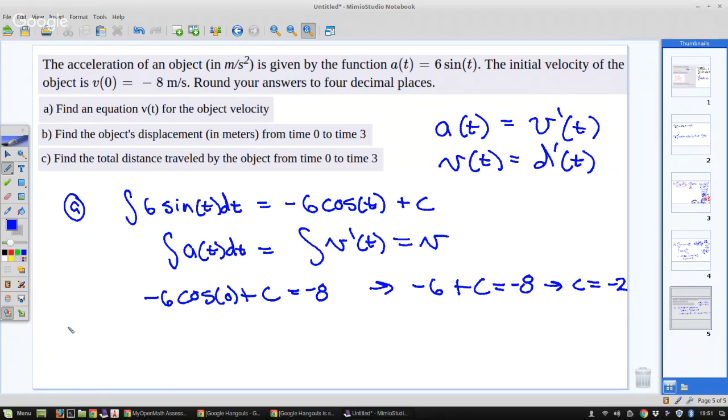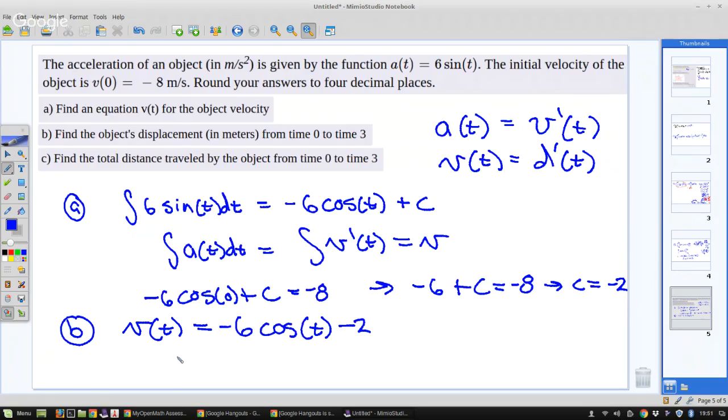So now I have part A, because I know my velocity function. The velocity function is negative 6 cosine of t minus 2. Next part of this, to find the displacement.